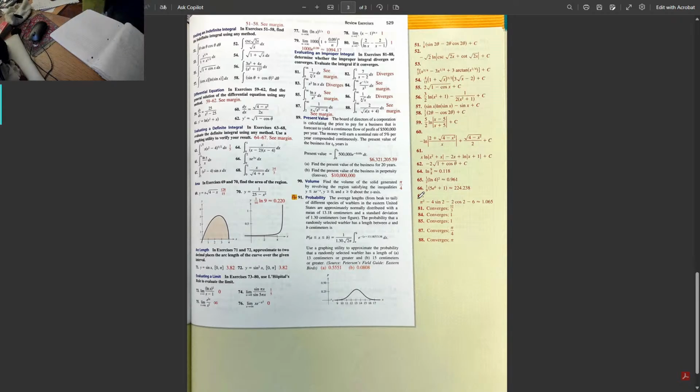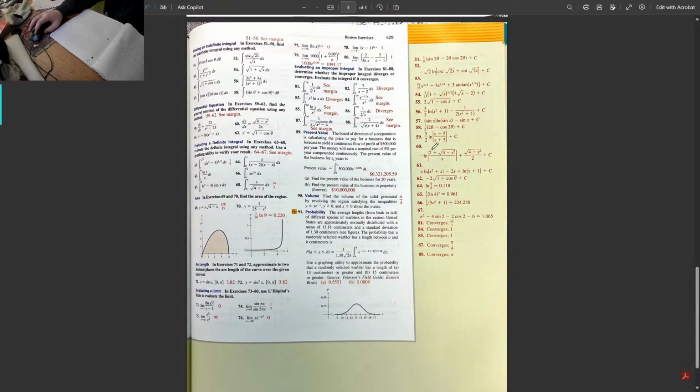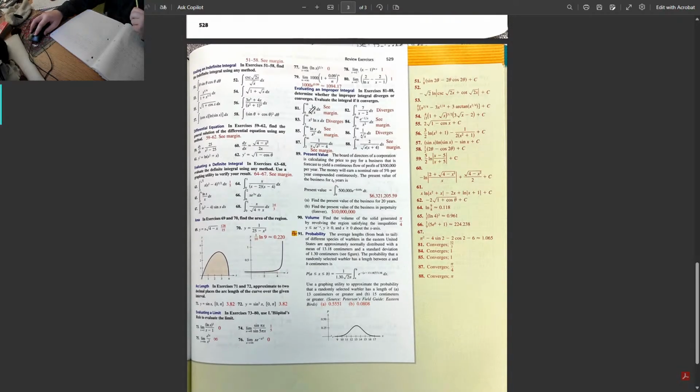Guys, I actually kind of completed the review. This right here, you'd have to rewrite the integral. It wouldn't be able to be 0. Or wait, no. It wouldn't be able to be... what wouldn't it be able to be? But yeah, you'd have to rewrite it as x to the negative 1/4, and you'd have to integrate that.